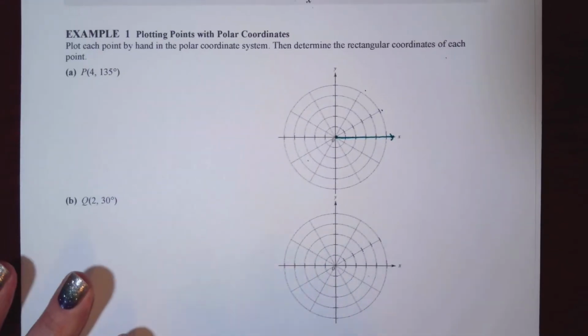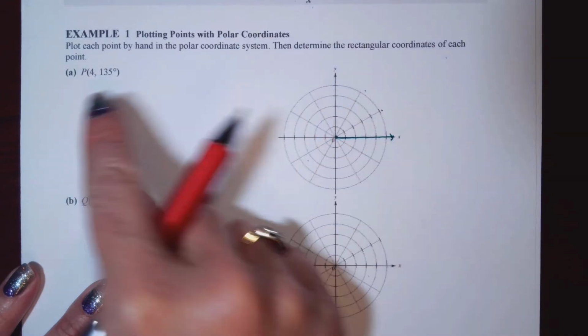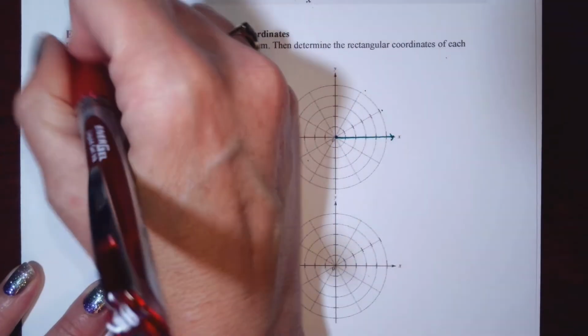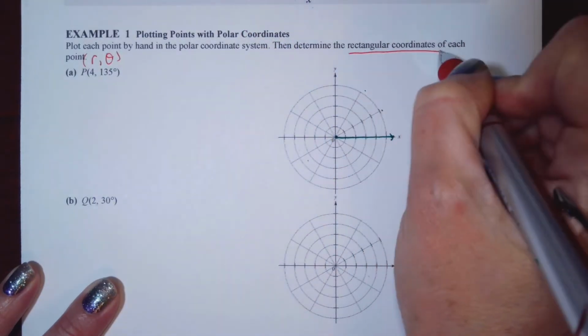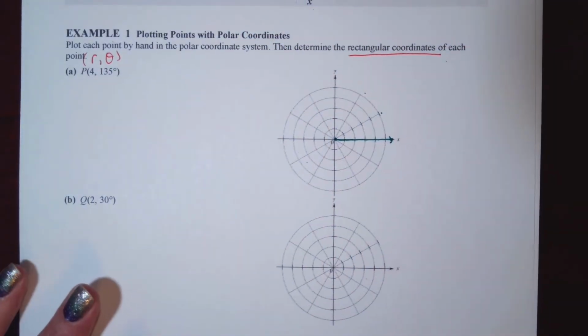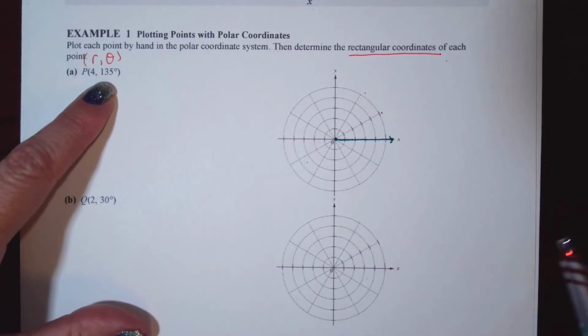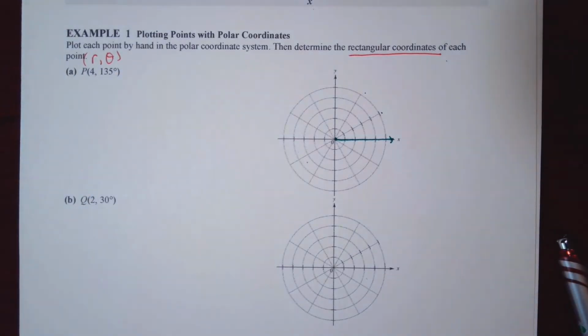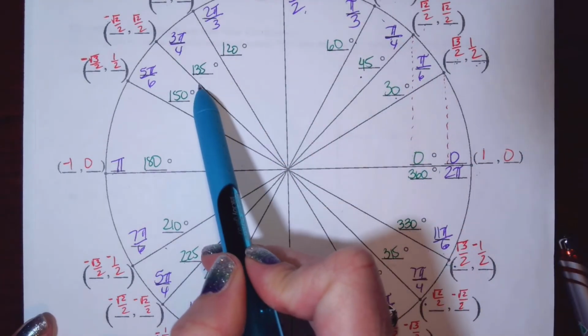Okay, let's plot some points. First we're going to plot the point, and then we're going to turn our value r, theta, our polar coordinate, into rectangular coordinates. So let's plot this point first. We've got 135 degrees. Well, if you think about your unit circle, 135 is that 45-degree reference angle in quadrant 2.